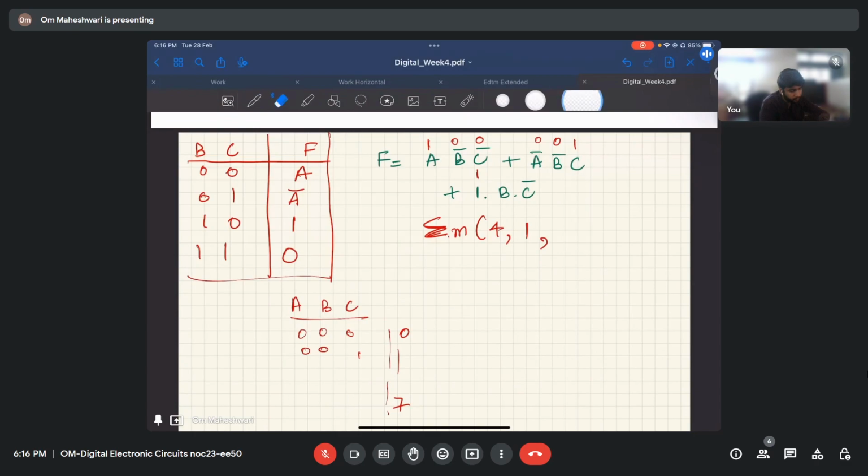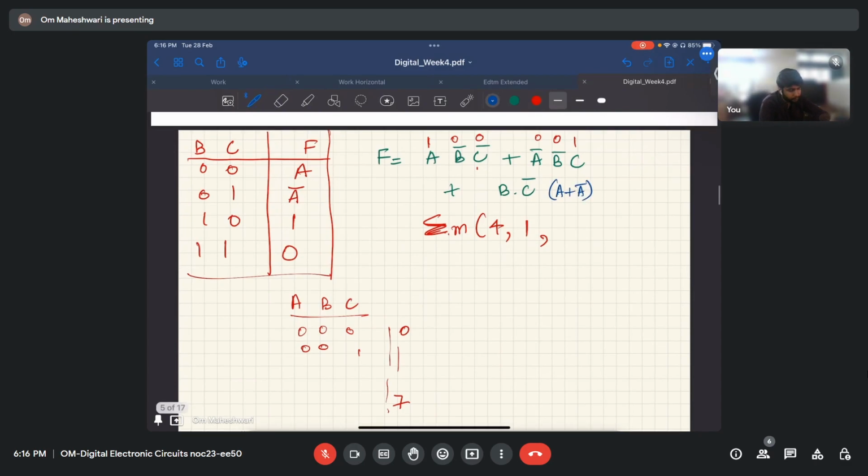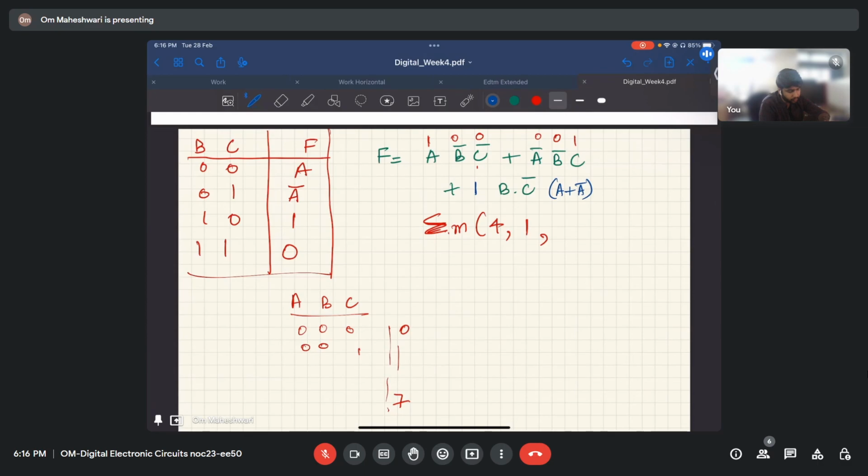Okay. So here what we have is BC bar, right? So BC bar can be both A plus A bar. That's how we got this one, right? This one is A plus A bar. So this we can expand to A B C bar plus A bar B C bar.